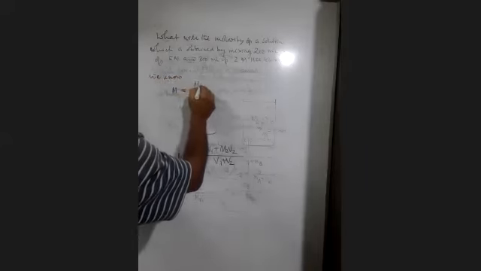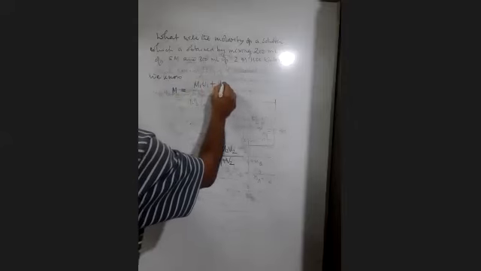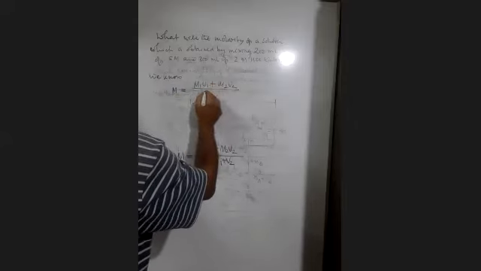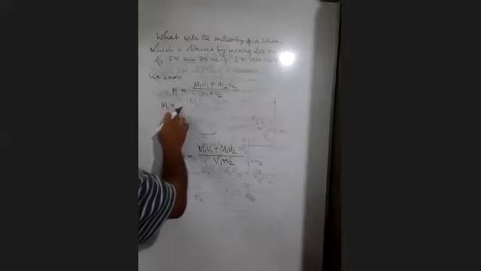You know M is equal to M1 V1 plus M2 V2 by V1 plus V2. Please remember, whenever you do numericals, you should write all these values. Then you will get marks. And if you don't write, you lose half mark. Say M1 is what?